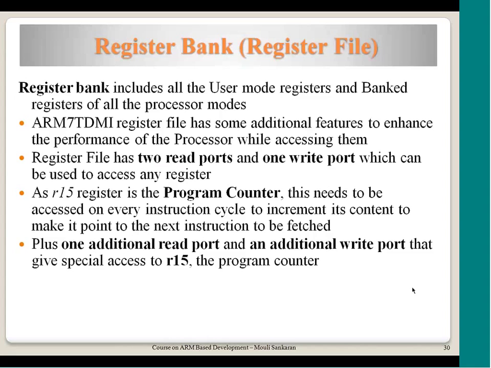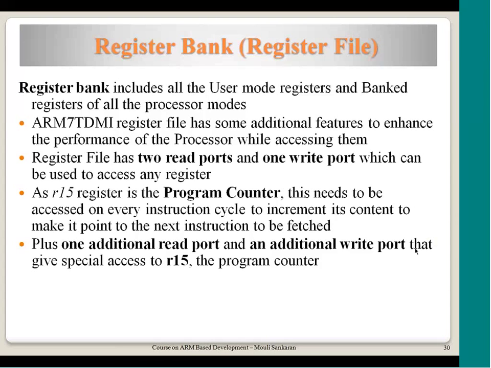It has to be written into R15, which is part of the register file. So to enable incrementing or changing the value of the PC without any interruption to the operands being read from the register file, ARM has provided 2 additional ports only for R15.